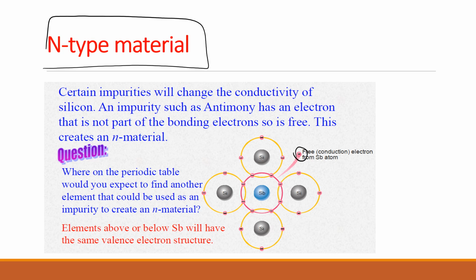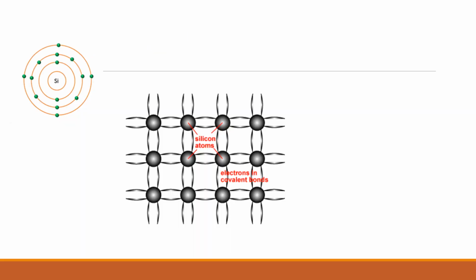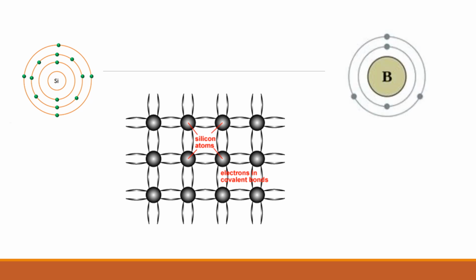Similarly, when we have an impurity with 3 electrons at the outermost shell, you can see here we have boron and it has only 3 electrons. So when you have boron as an impurity, 3 electrons can be bonded with the 4 electrons in silicon, but there is an additional hole here, a space for an electron, because there are 4 electrons at the outermost shell of the silicon and 3 electrons at the outermost shell of the boron.